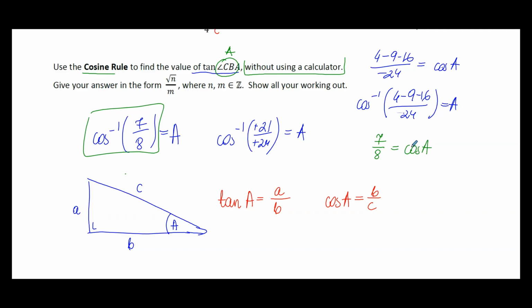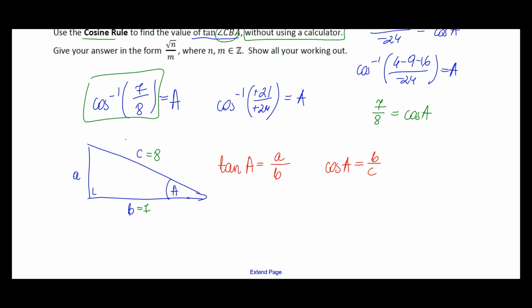So that means 7 is B, and 8 is C, and I need this A for the tan calculation. How do I find that? Well, what's the other formula we have on page 16 in our table when it comes to a right angle triangle? Pythagoras.